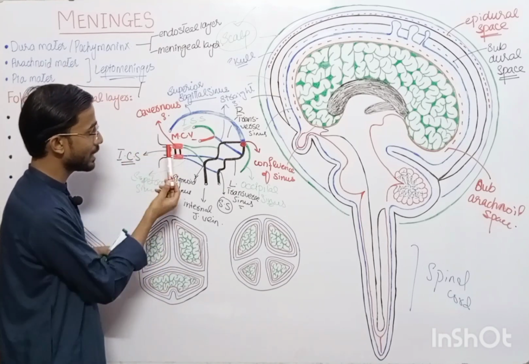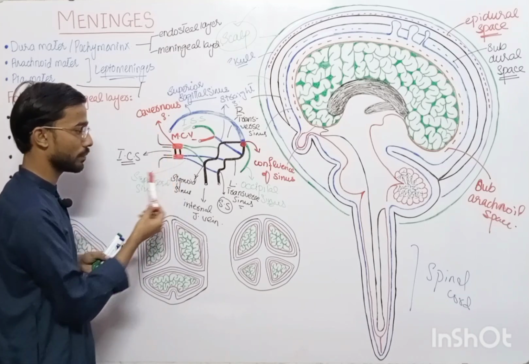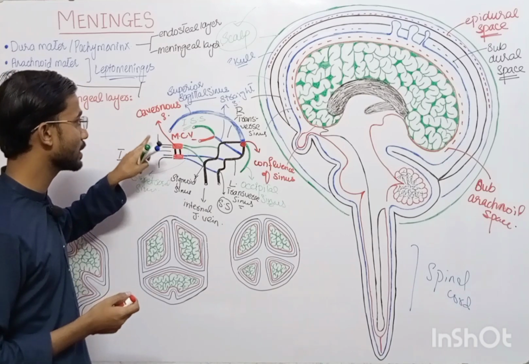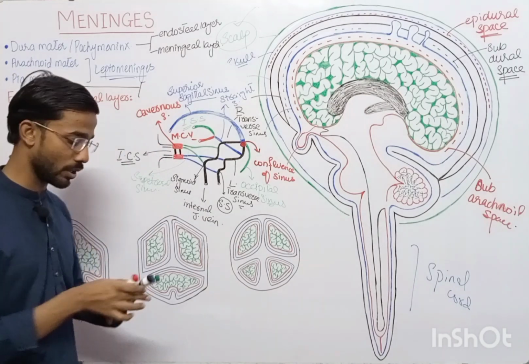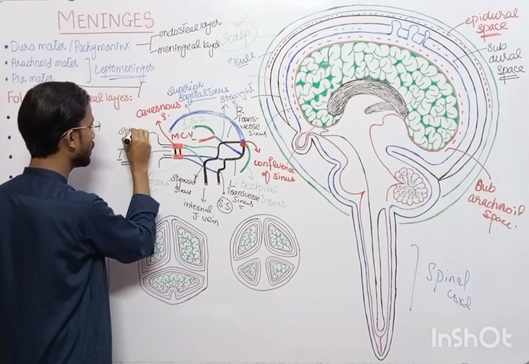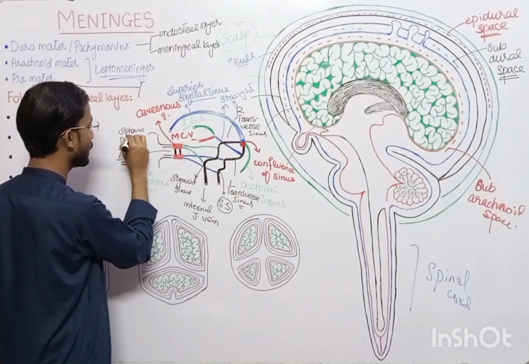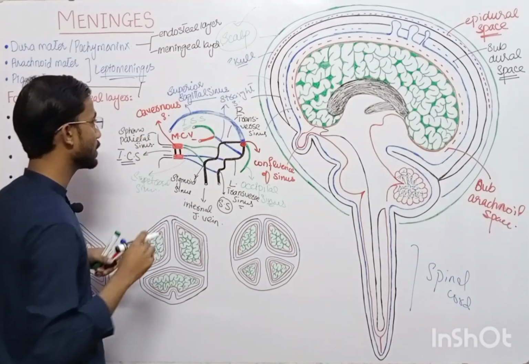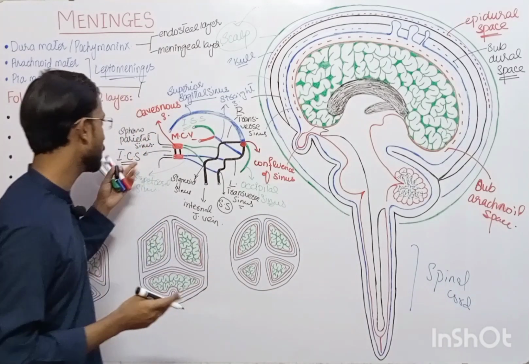From the right and left cavernous sinuses, two sinuses also evolve. These are called the sphenoparietal sinus. We call them this because of the sphenoid and parietal bone.